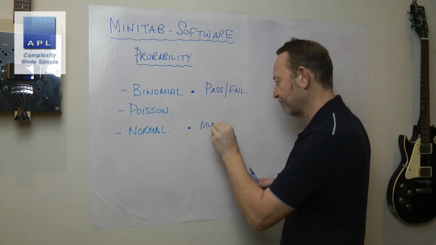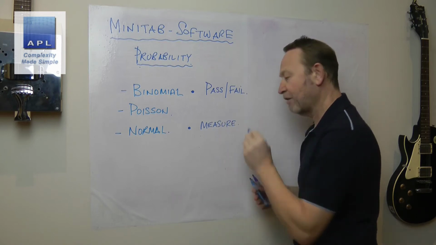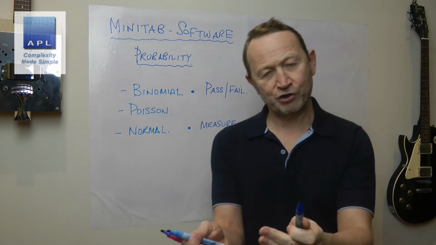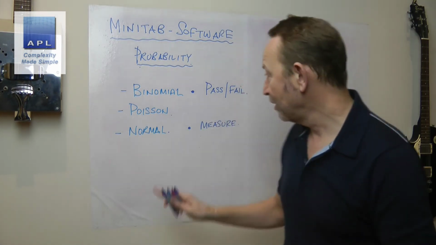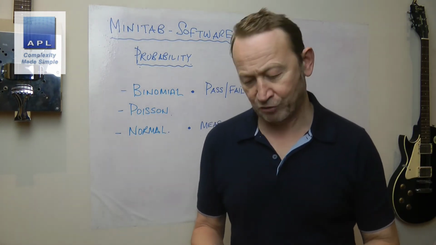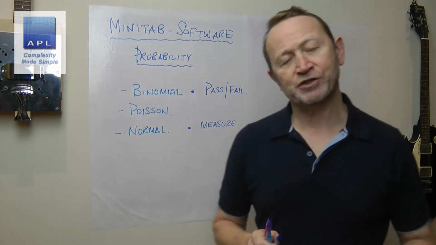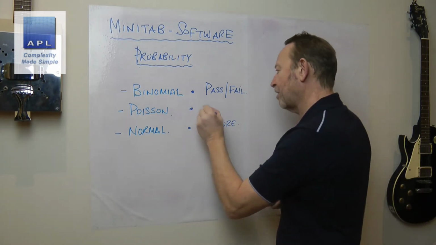Whenever you measure something, like measuring the weight of a Mars bar, you measure the grams, 50 grams, 49 grams, 51 grams, etc. Whenever you measure something, you're going to typically create a normal distribution. The Poisson is a bit more of a special case, but the Poisson is about arrival rate.